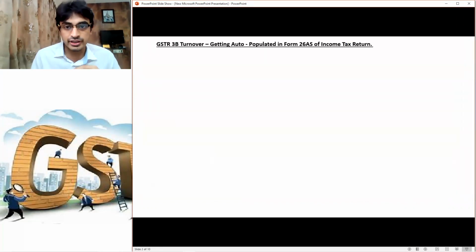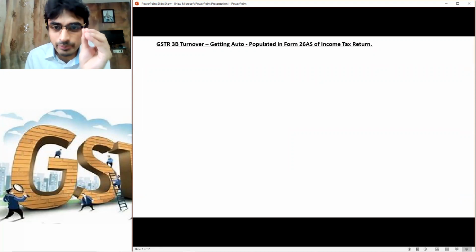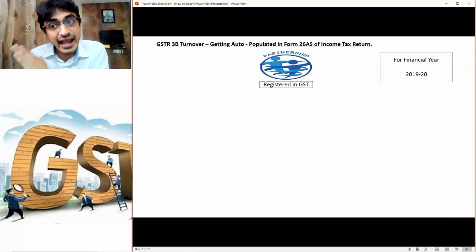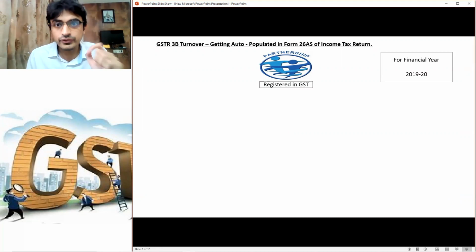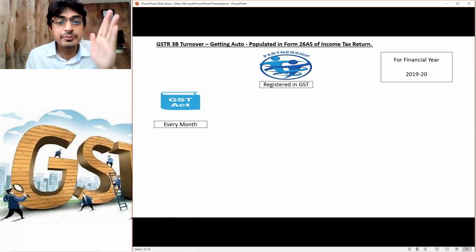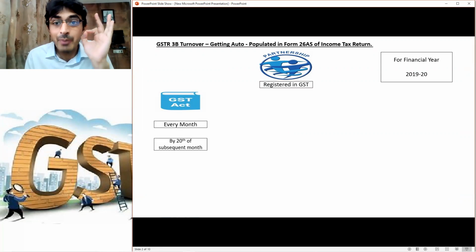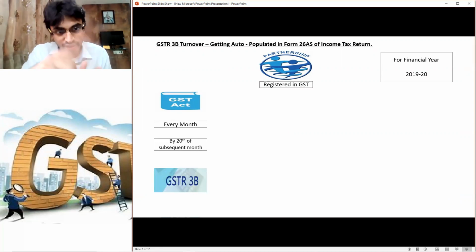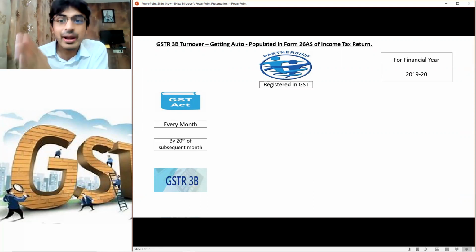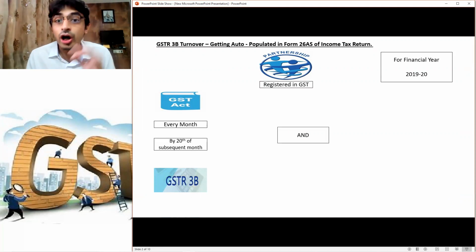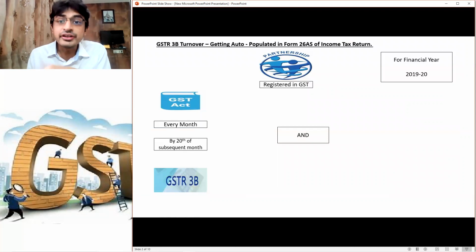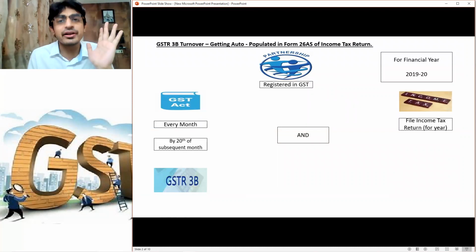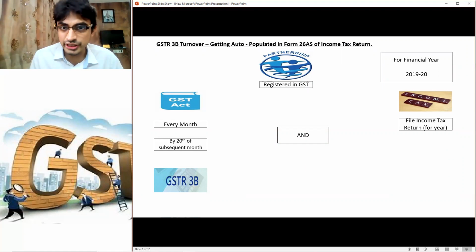Let us understand everything. Okay, suppose there is one partnership firm which is registered in GST Act for the financial year 1920. Under GST Act, it must have filed every month by 20th of subsequent month, which return? GSTR 3B. This it must be filing every month by 20th of subsequent month. Along with this, under Income Tax Act, it will file this annual income tax return for the financial year 1920.